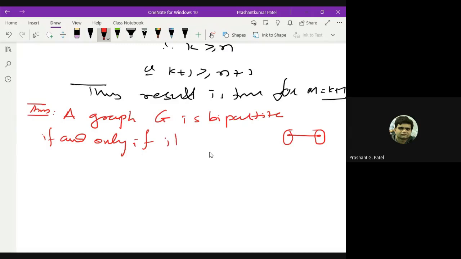it has no odd cycle. If the graph does not have an odd cycle, then we can say that the graph is a bipartite graph.